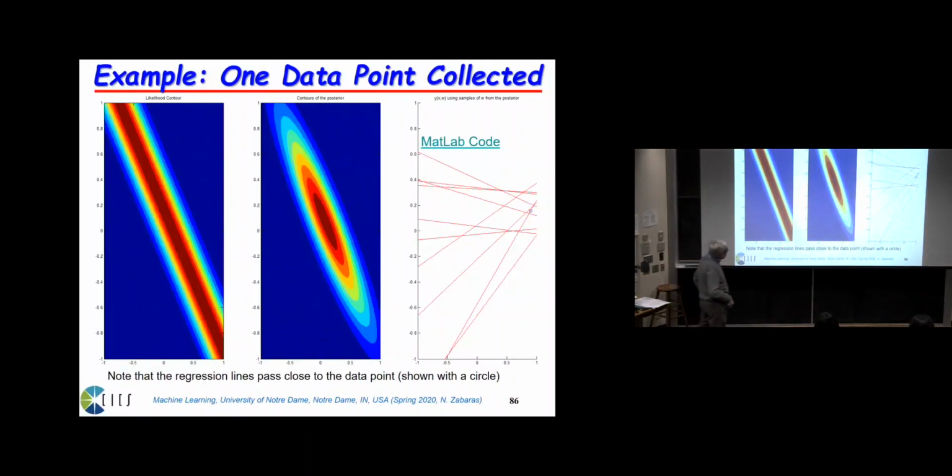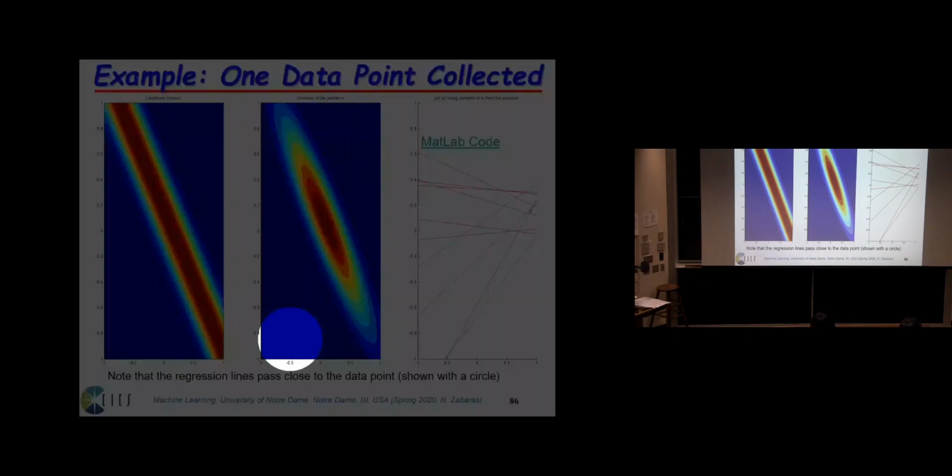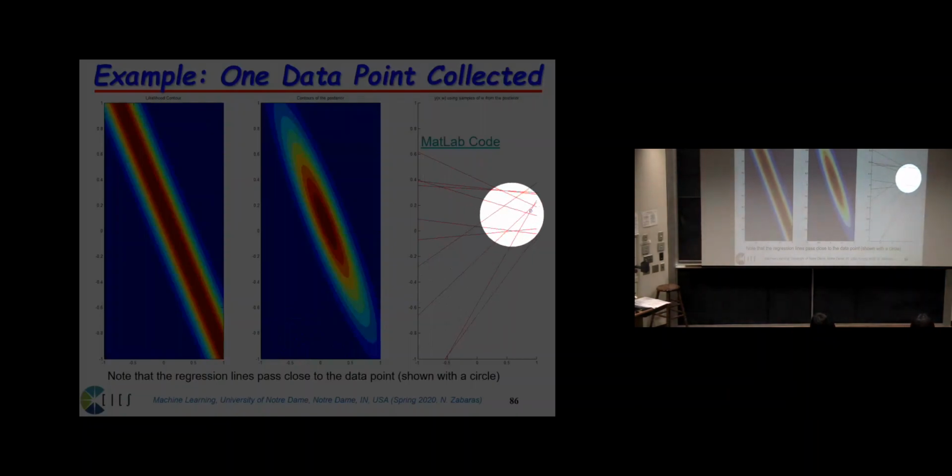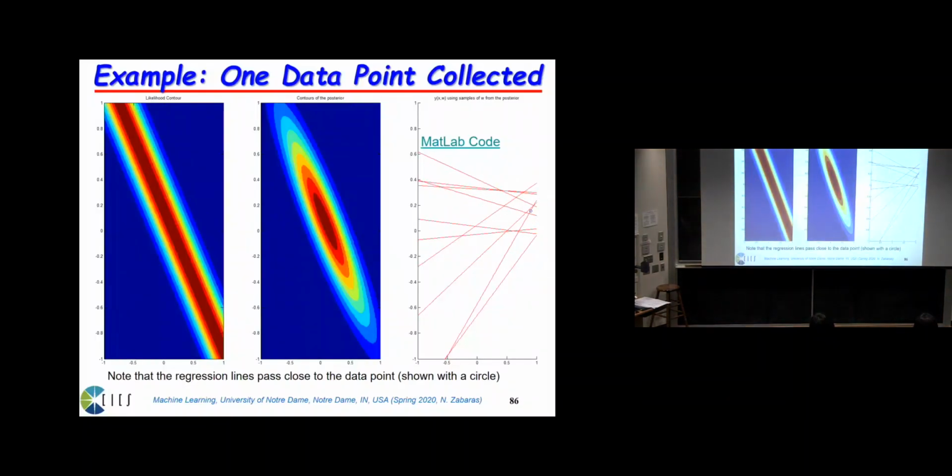Now I'm going to say the posterior is a Gaussian. It's easy to take samples from this Gaussian, so I take samples and I plot the lines W0 plus W1x, where now these W's come from the posterior. And you notice, I didn't force this, but all of these lines are moving closer and closer to the data point that I have.